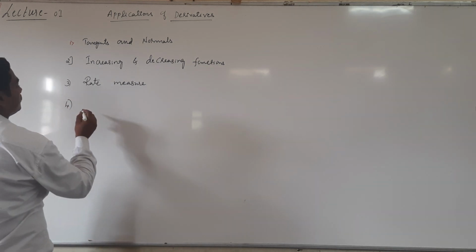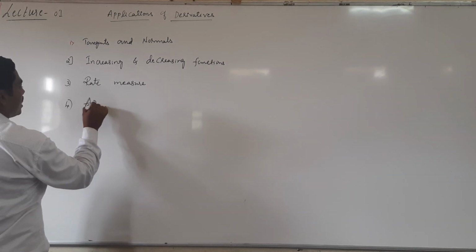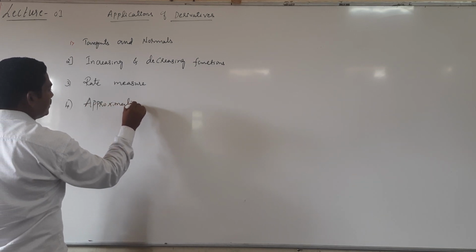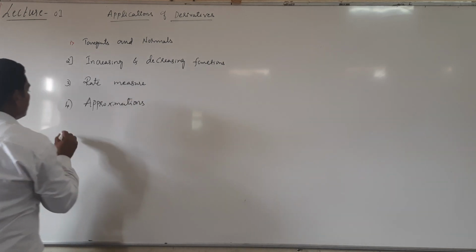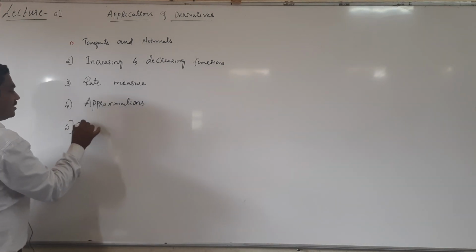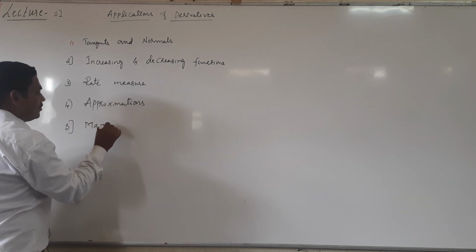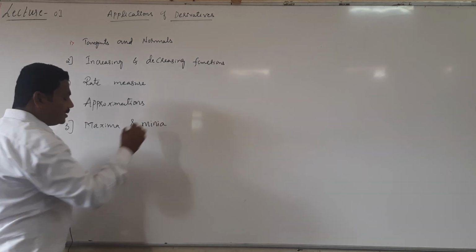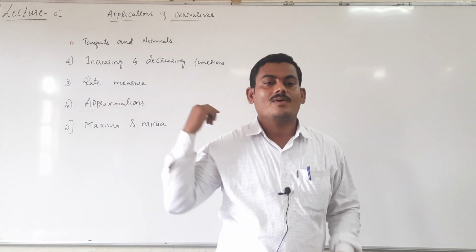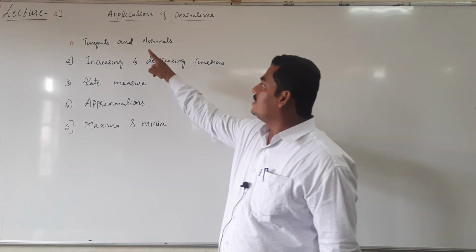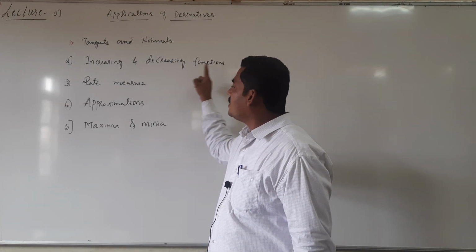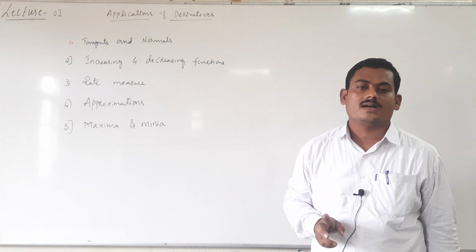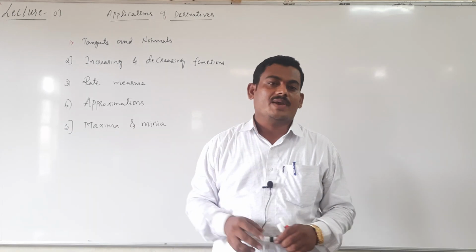Fourth application, approximations. Fifth application, maxima and minima, right? These 5 applications are given in our syllabus, right? Tangents and normals, increasing and decreasing functions, rate measure, approximations, maxima and minima. Let us discuss one by one.